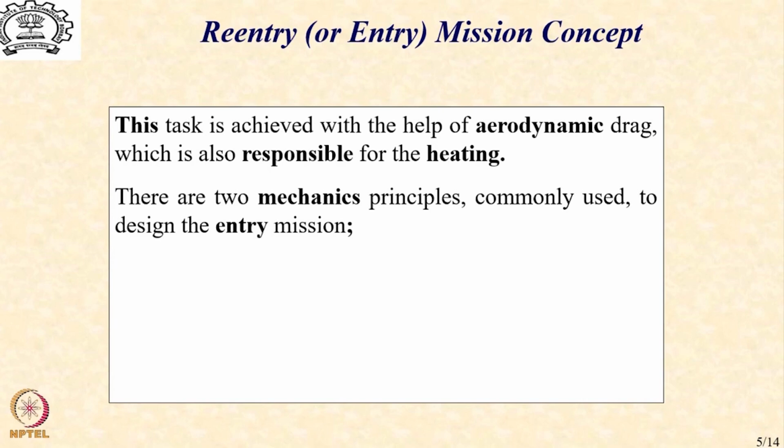However, in contrast to what we do as part of our ascent mission, in entry missions there are two mechanisms that are commonly employed. In one case, it is purely a ballistic object, which means it does not have any aerodynamic lift, similar to our ascent mission, where we neglect the aerodynamic lift and make use of only gravity to achieve the trajectory inclination, along with a large amount of propulsion which generates the desired velocity.